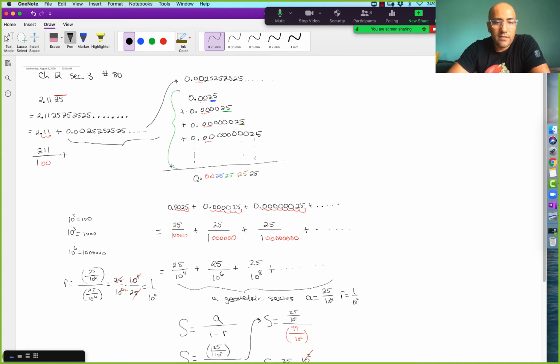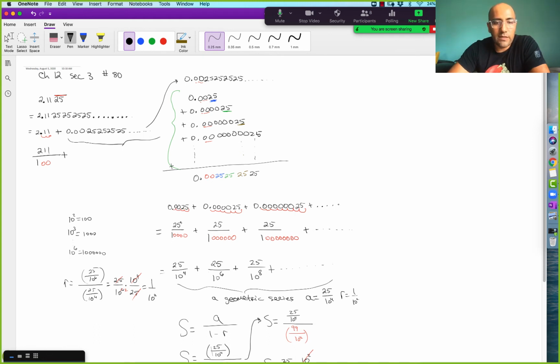So this 0.00252525252525 forever can be thought of as an infinite sum, where the first term is 0.0025, the next term is 0.000025, right? So each one of these individually terminates. However, I want to find the infinite sum of these individual fractions.